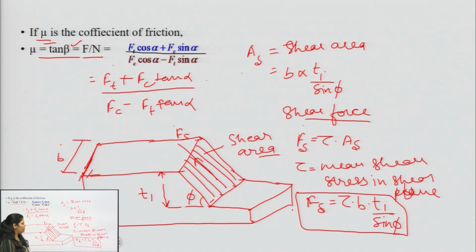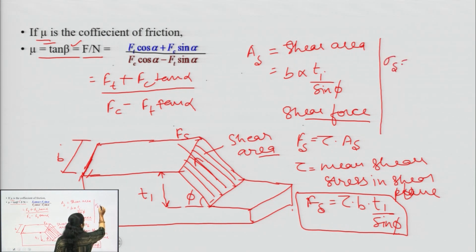So, if we have the value of tau, means mean shear stress is given, so we can find out the shear force. Okay. Now, this is the mean shear stress, or if we want to find out the sigma, sigma is basically the normal stress, mean normal stress in the shear plane. तो shear stress क्या हो जाएगा?